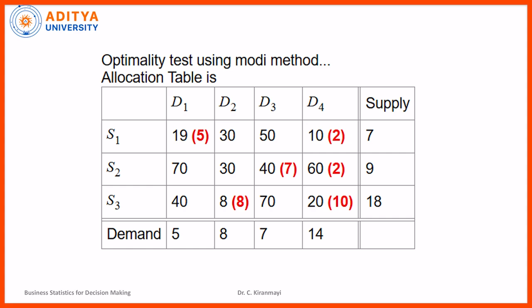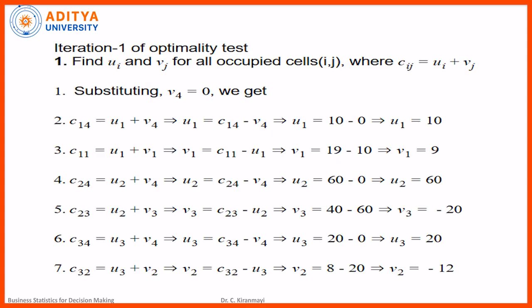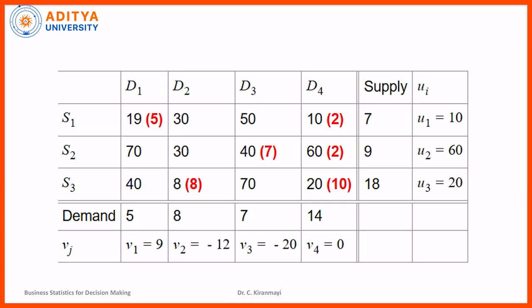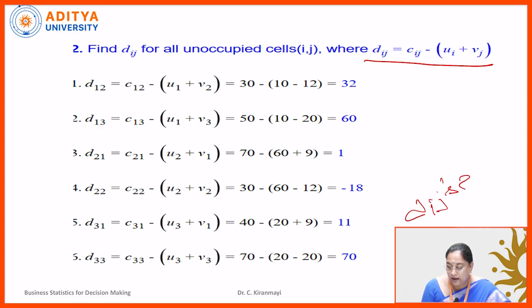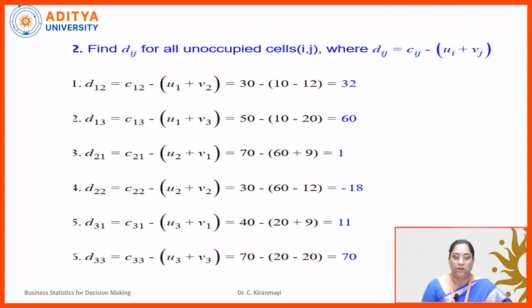Using the MODI method, we can check whether this initial basic feasible solution is optimum or not using net evaluations called Dij. By computing Dij values, we can find out whether this IBFS is optimum or not. If all the Dijs are greater than or equal to 0, then we can consider that the IBFS is the optimum solution.